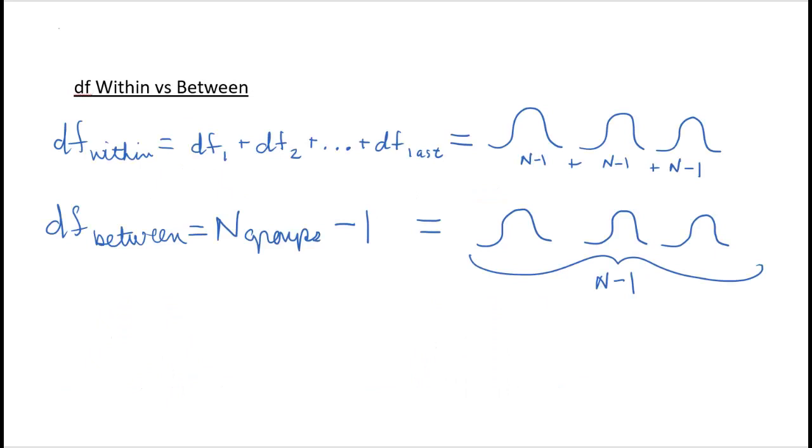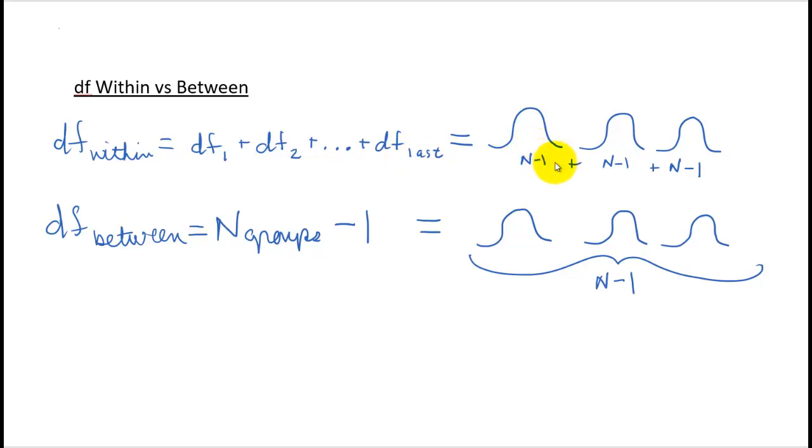A fairly easy thing to understand is the degrees of freedom within versus degrees of freedom between. It's fairly simple. Degrees of freedom is typically n minus 1. We know that from chapters 7 and 8. The degrees of freedom within is equal to the degrees of freedom in the first group plus the degrees of freedom in the second group plus the degrees of freedom in every group through the last group.